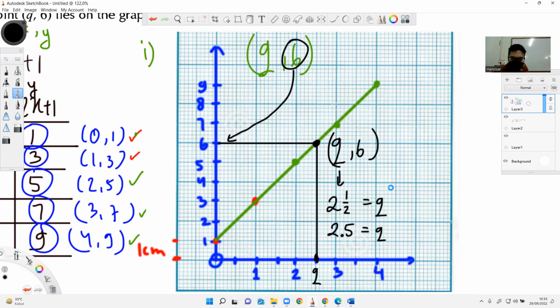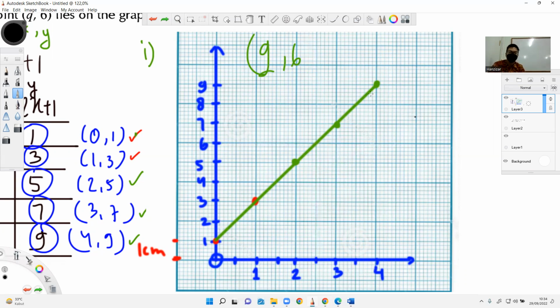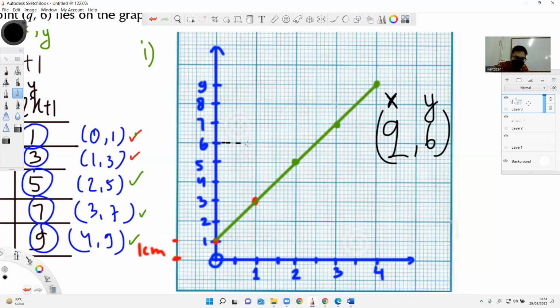Here, again. The point Q, 6 lies on the line, right? The point Q, 6 lies on the line. So Q, 6 means the X is Q unknown, right? Since the Y is 6. So you find the Y 6 here and you do the reverse understanding there, right?